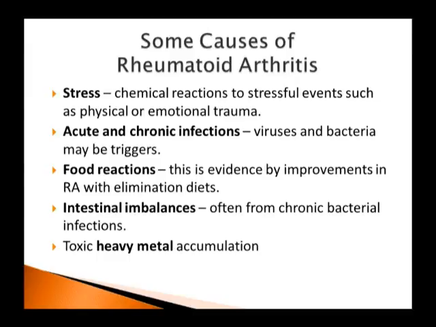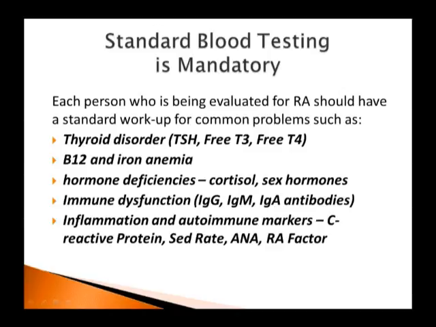Food reactions play a big role. I see a lot of people with rheumatoid arthritis who have tremendous sensitivity to grain products, including gluten, and in a future presentation we're going to be talking more about food and the gut with respects to RA development. And so intestinal imbalances as well, heavy metal toxicity, these are all potential triggers for RA.